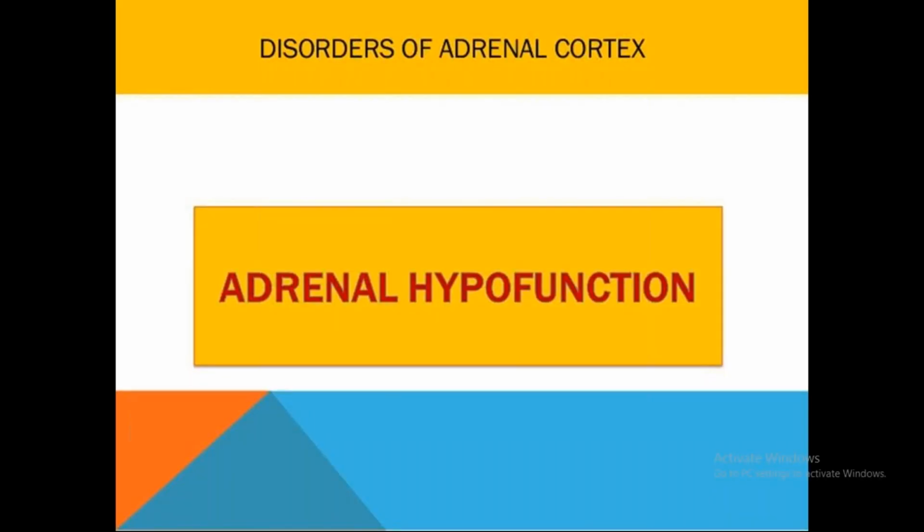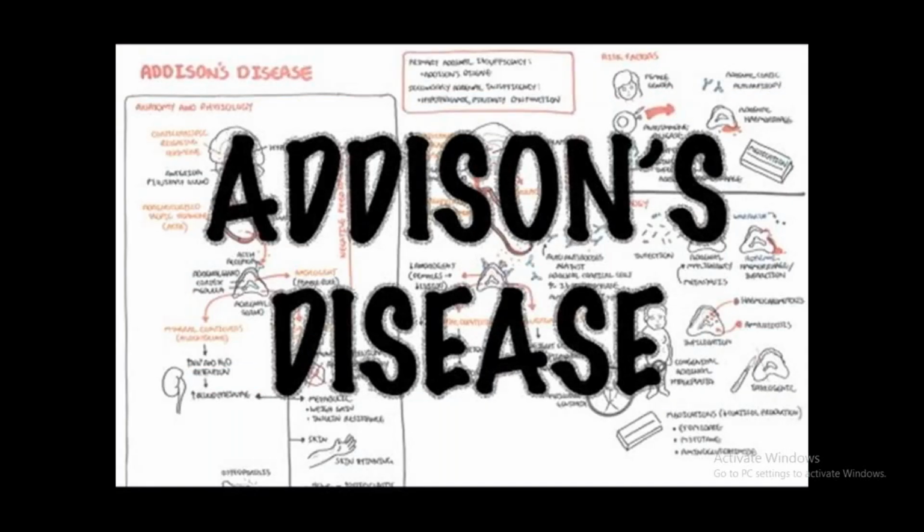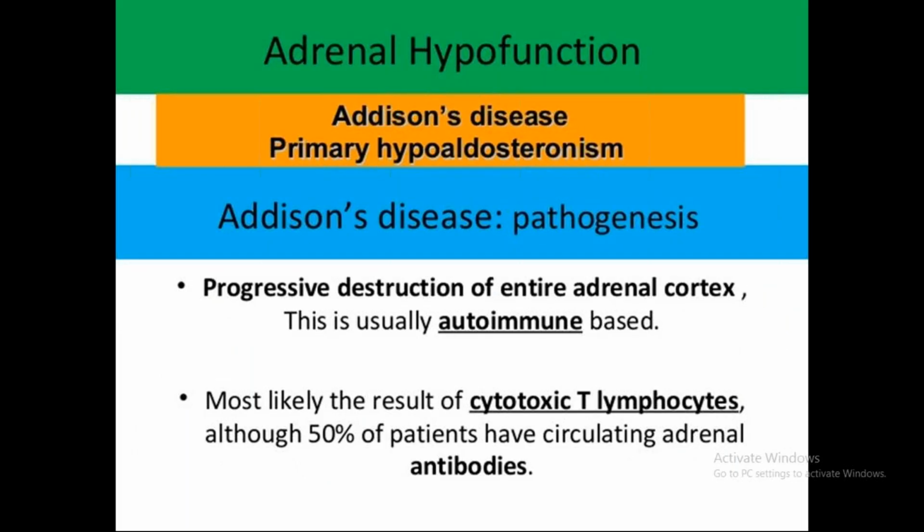And let's see the disorders of the adrenal cortex. Adrenal hypofunction: hypofunctioning of the adrenal gland leads to Addison's disease.